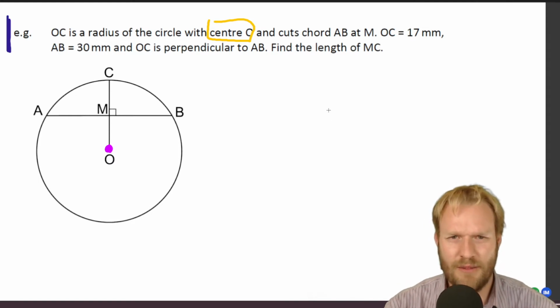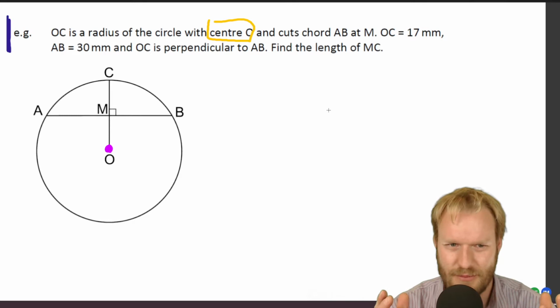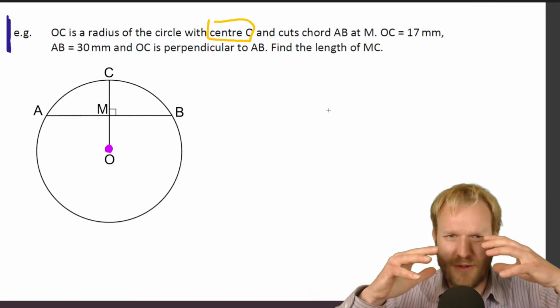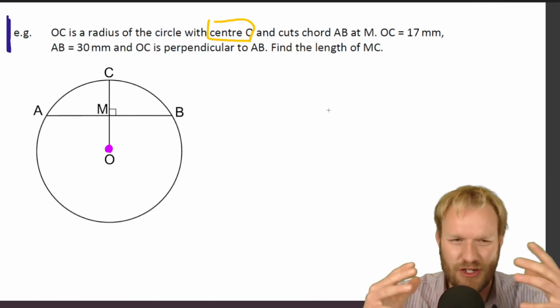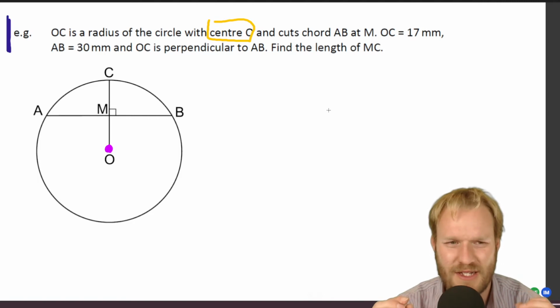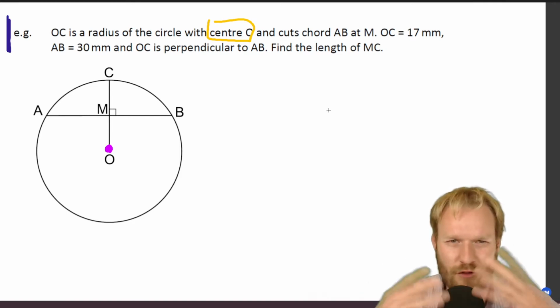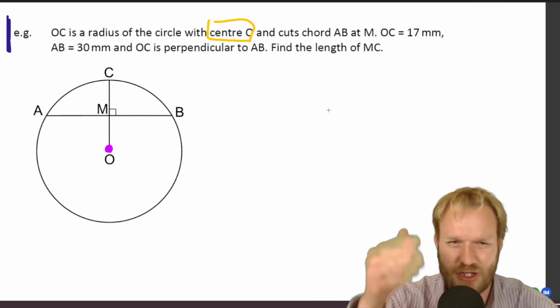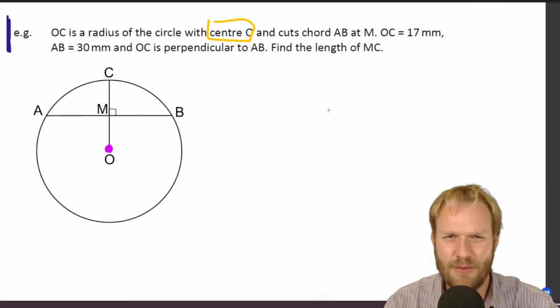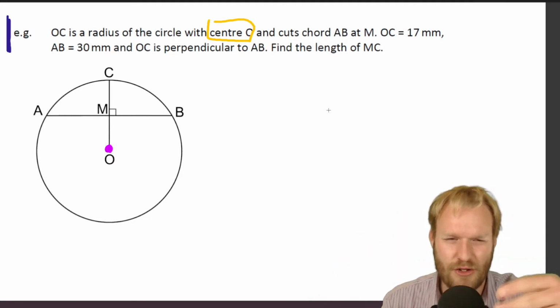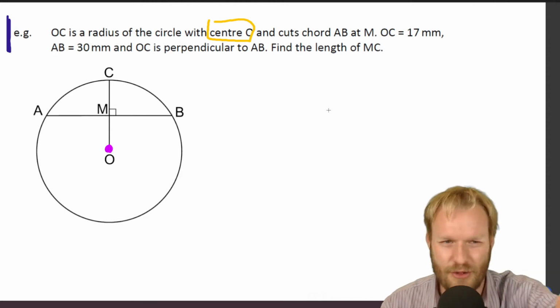So at this stage, think about the theorems that we've just looked at, and think through what your ideas or strategies are to get into this. It doesn't have to be in detail. With circle geometry, sometimes you have an overall strategy, or a strategy that gets you partway and then more is revealed to you.